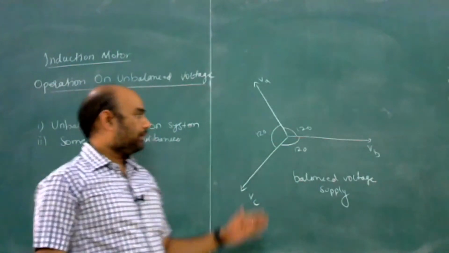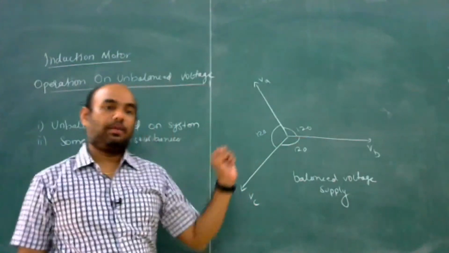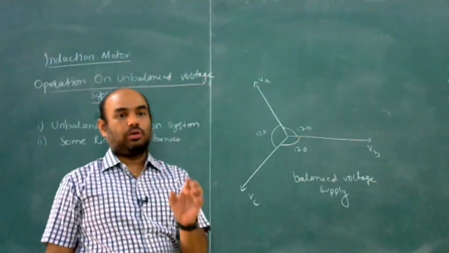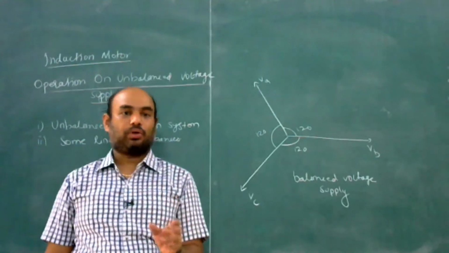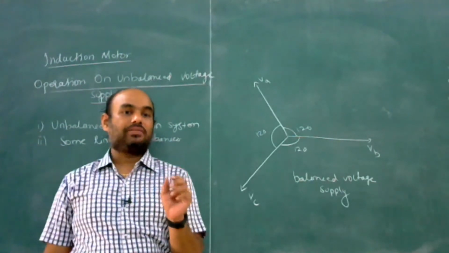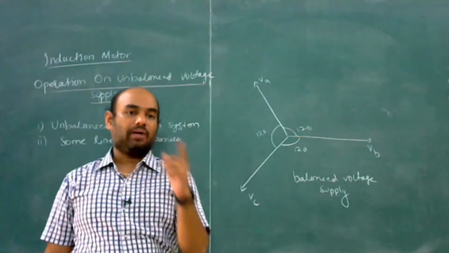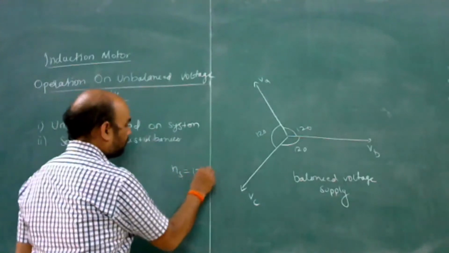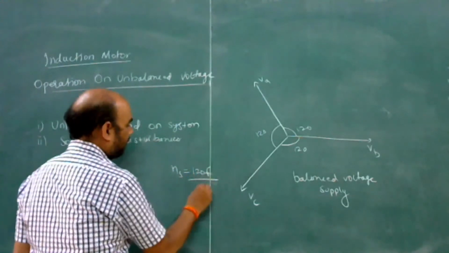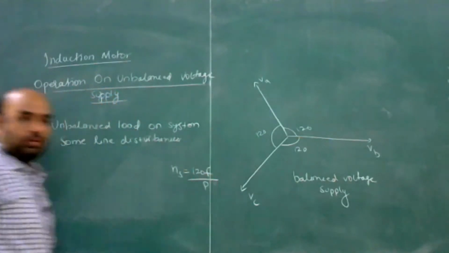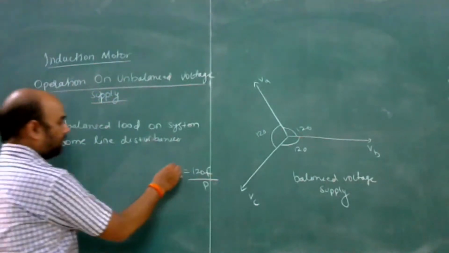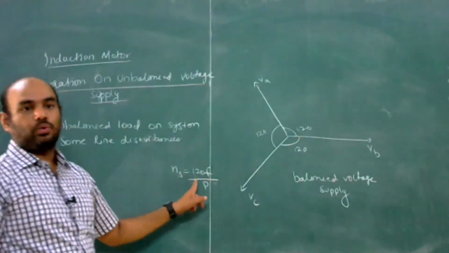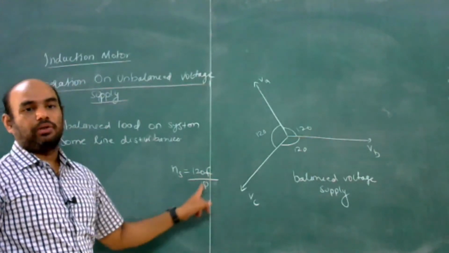So it is necessary to provide a balanced three-phase voltage supply to a balanced three-phase induction motor, that is, a balanced three-phase winding, in order to have a rotating magnetic field revolving with synchronous speed, which is equal to 120 f upon P.